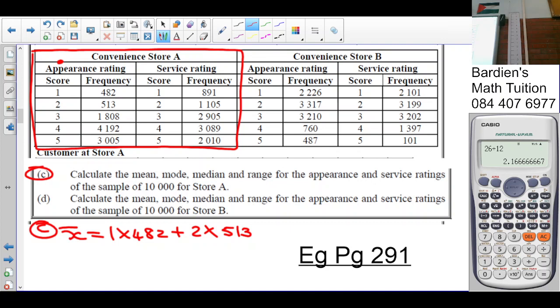How many 3's do you have? 1,808. How many 4's do you have? 4,192. How many 5's do you have? 3,005.